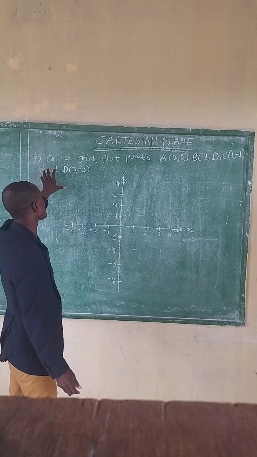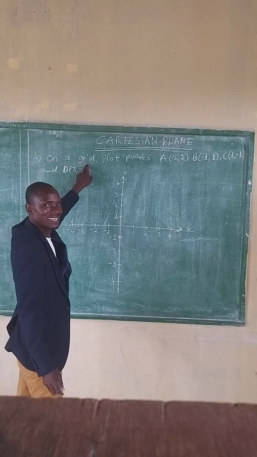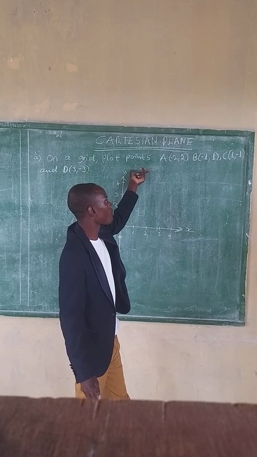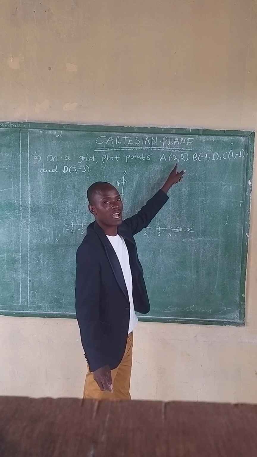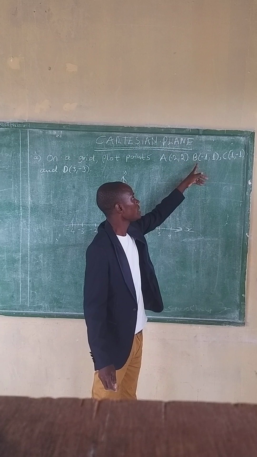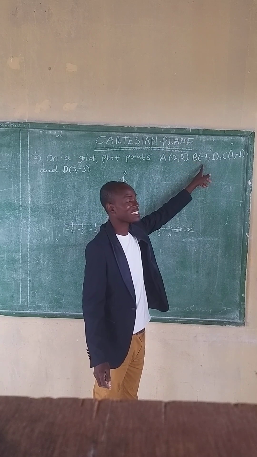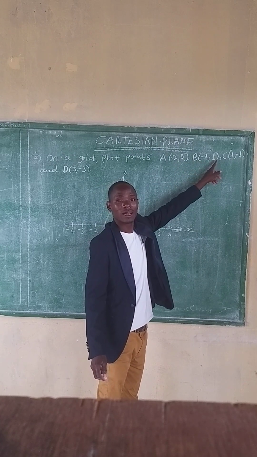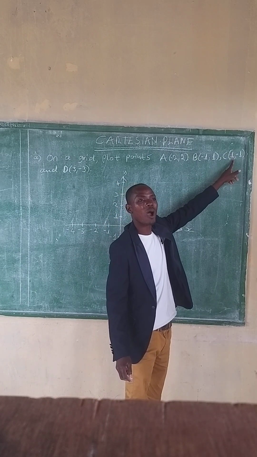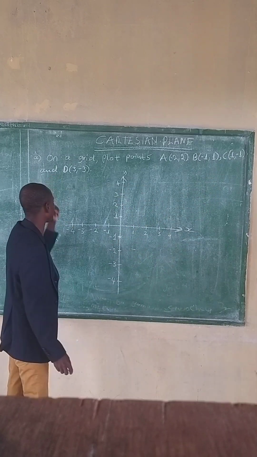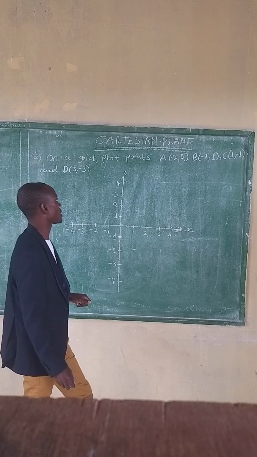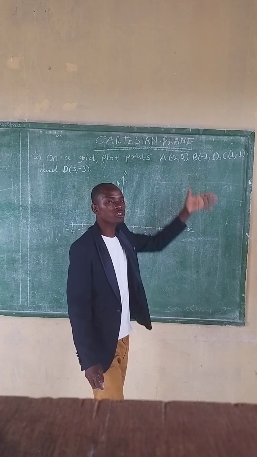So now, the question states: on a grid, plot the points A (-2, 2), B (-1, 1), C (1, -1) and D (3, -3). Okay, so now these are the points which we have been given.